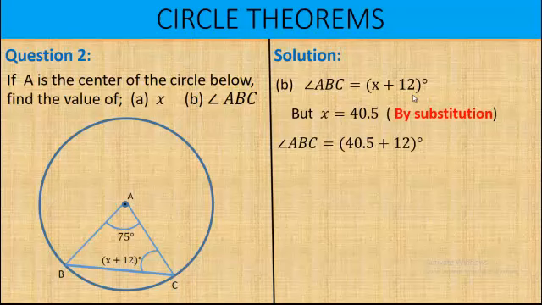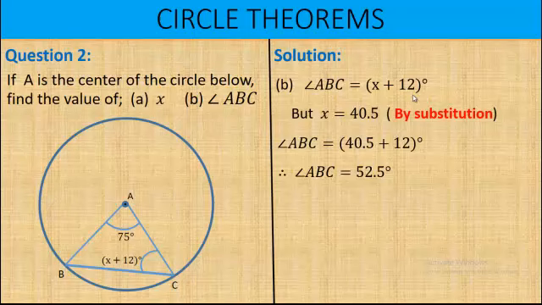So angle ABC is equal to bracket open 40.5 plus 12 bracket close all degrees, so that after adding we get angle ABC to be 52.5 degrees, and then we are done.